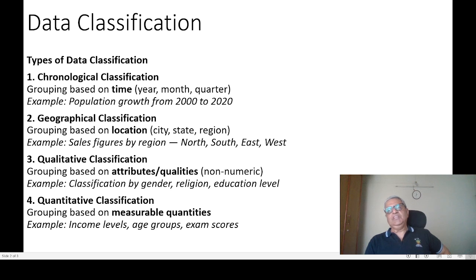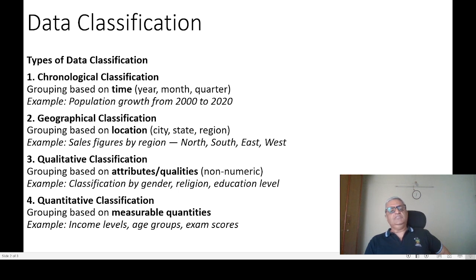Data based on time will have hierarchy, like year 2020 to year 2025, or January to December, or quarter one, quarter two, quarter three, quarter four. The example could be population growth from 2000 to 2020. So chronological classification is grouping based on time.